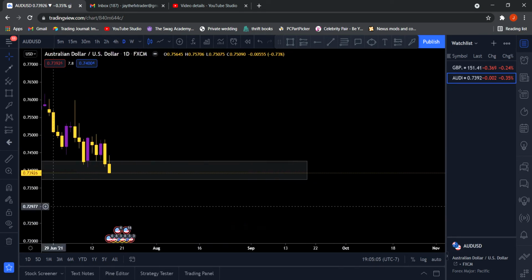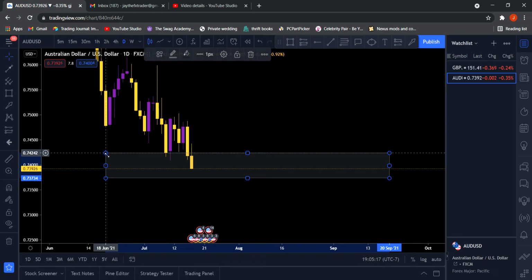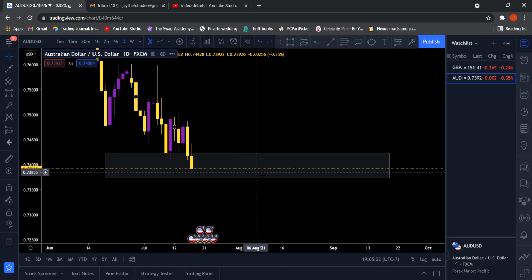Alright, so I usually only mark up the most recent price action for my break and retest zones and stuff like that. I don't use key levels and stuff no more. It just didn't work the best for me.